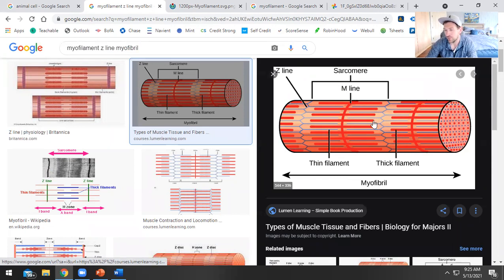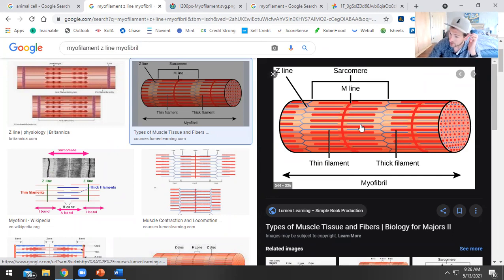They're slightly offset. This one lines up with the middle here, and this one lines up with the middle here. Because they're not perfectly arranged, that creates a little zigzaggy motion. That's why we call it the Z line.